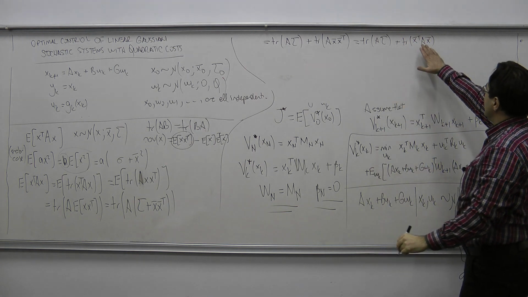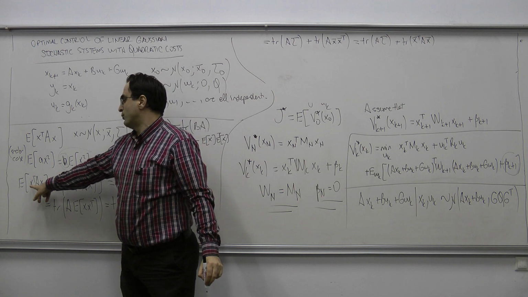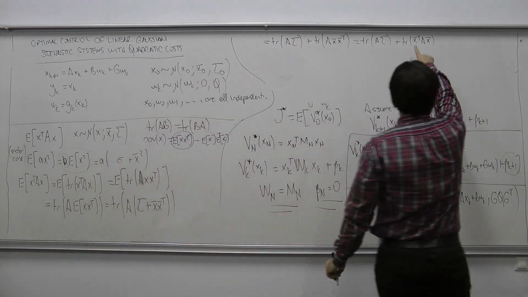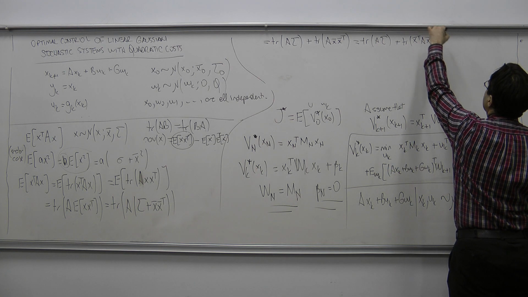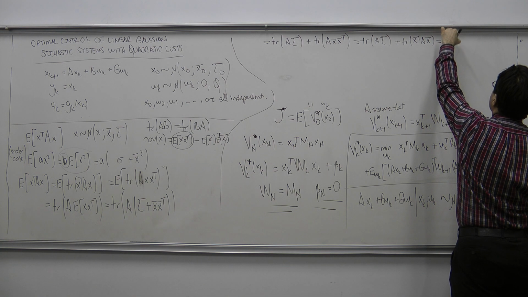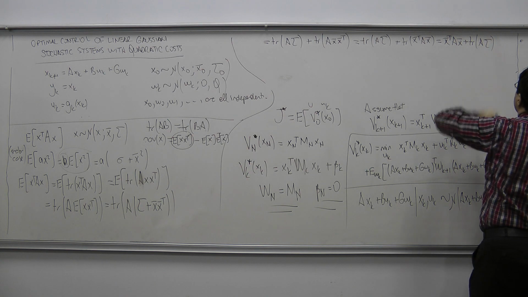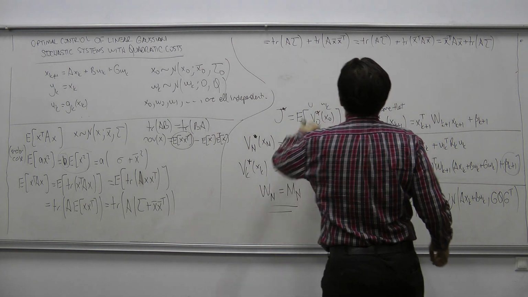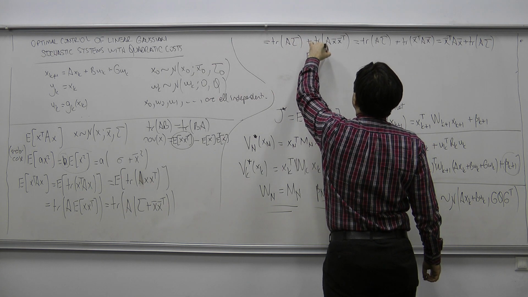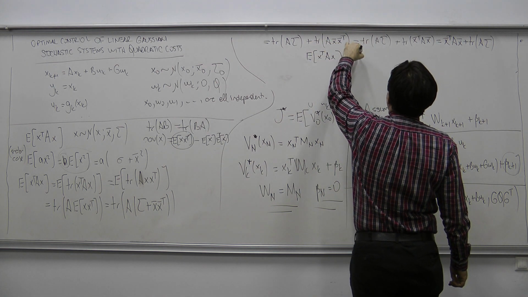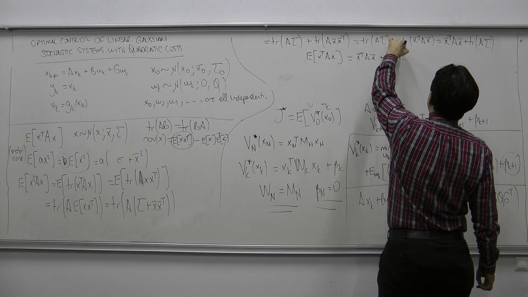This is nothing but the substitution of the mean of the random vector in the quadratic form. And I know that X bar transpose AX bar is a scalar, so I can remove the trace from here. So this is X bar transpose AX bar plus trace of A times the covariance sigma. So we get the formula here: expected value X transpose AX is equal to X bar transpose A X bar plus trace of A sigma.